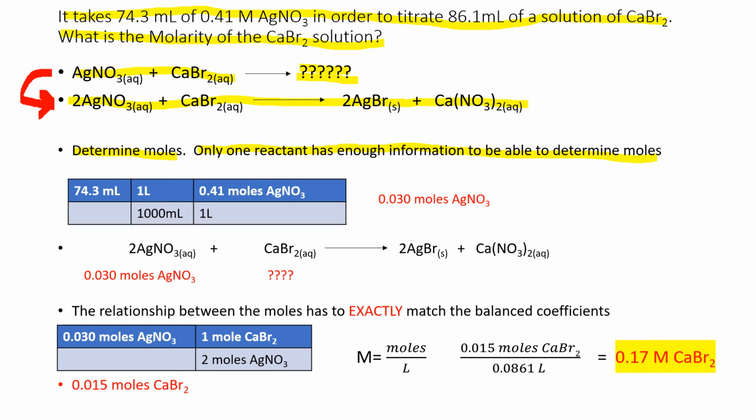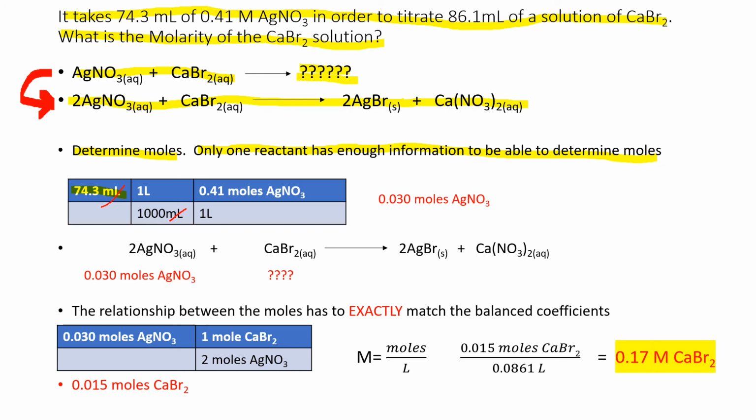So again, I could start with the volume or the molarity. We want to start with the volume. 74.3 milliliters. I know before I use the molarity in my conversion, I would have to convert to liters. 1 liter, 1,000 milliliters. Our milliliters would cancel. Now I have liters.